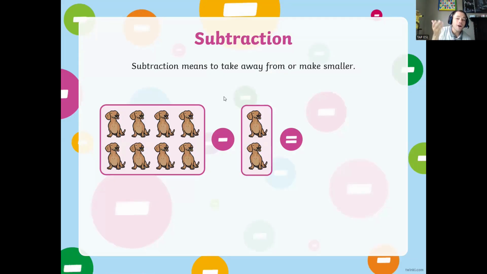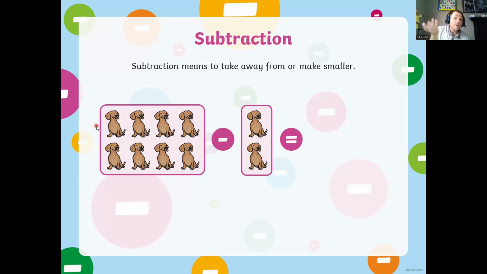So now we have completed plus. Now we are going to minus. So plus, minus, plus, minus.